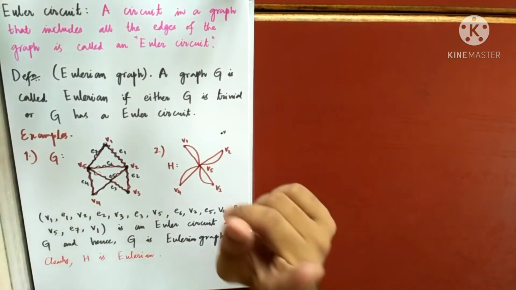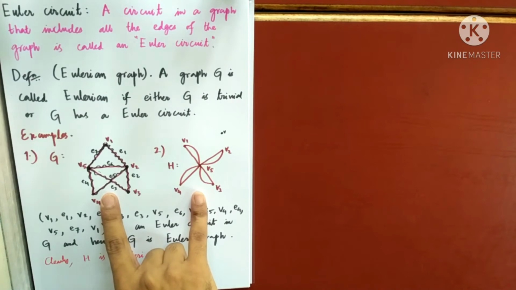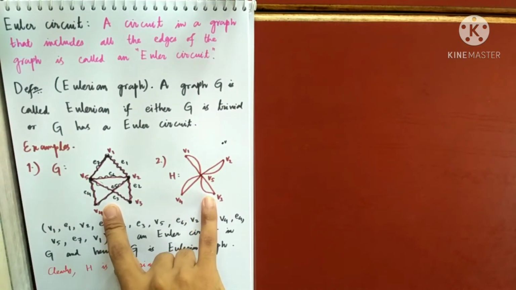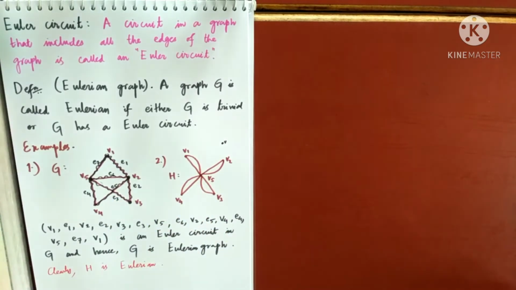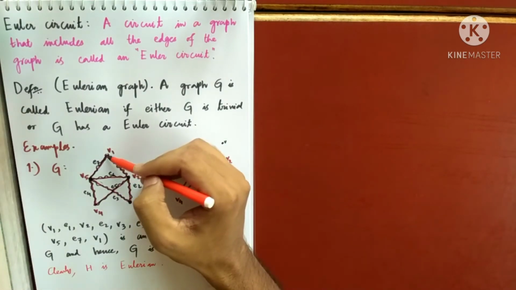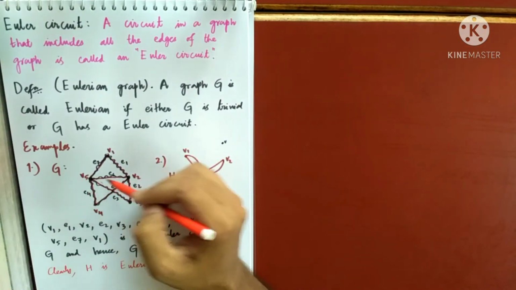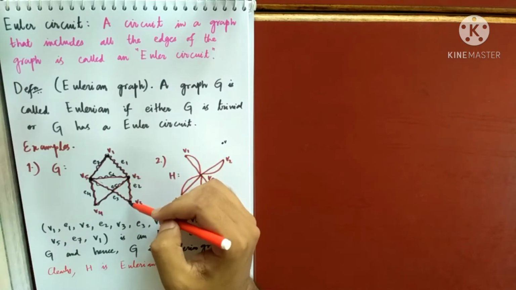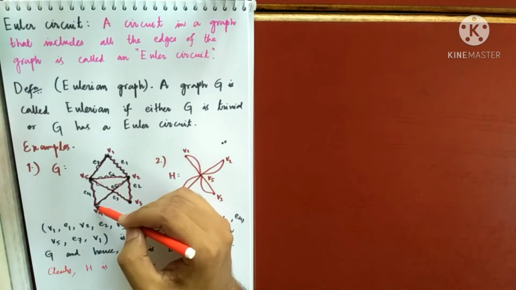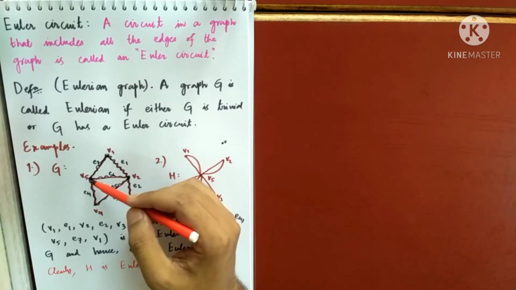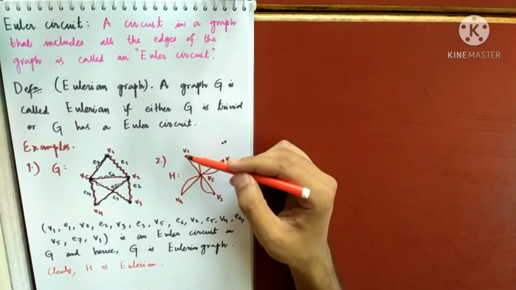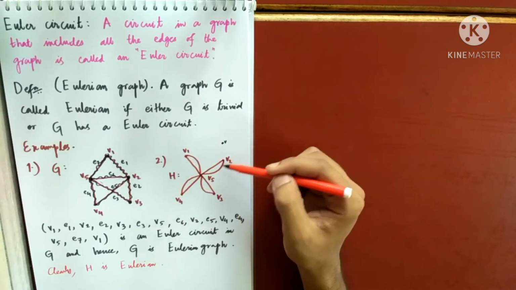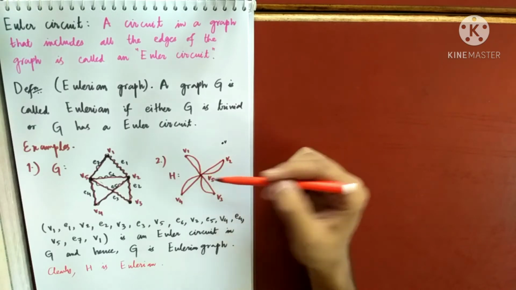You notice one thing here, both the graphs that I have drawn here have all even degree vertices. Degree of V1 is 2, an even number, degree of V2 is 4, even, degree of V3 is 2, even, degree of V4 is even, degree of V5 is 4, again even.